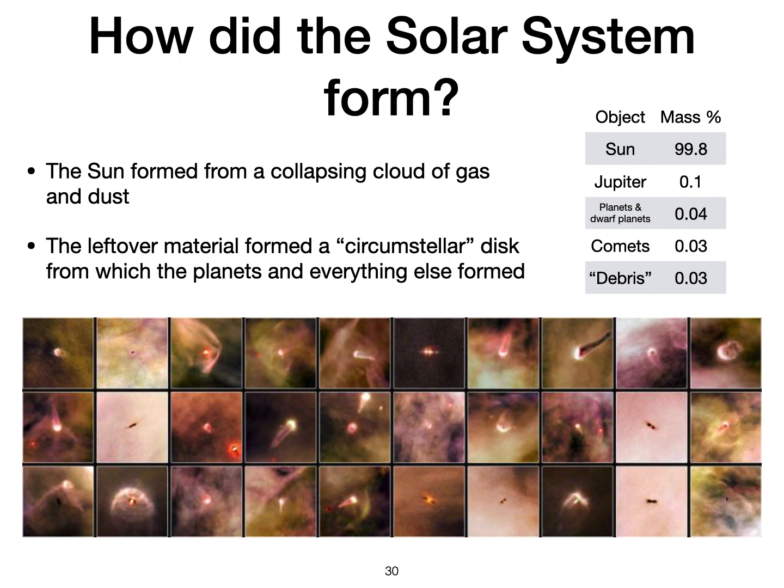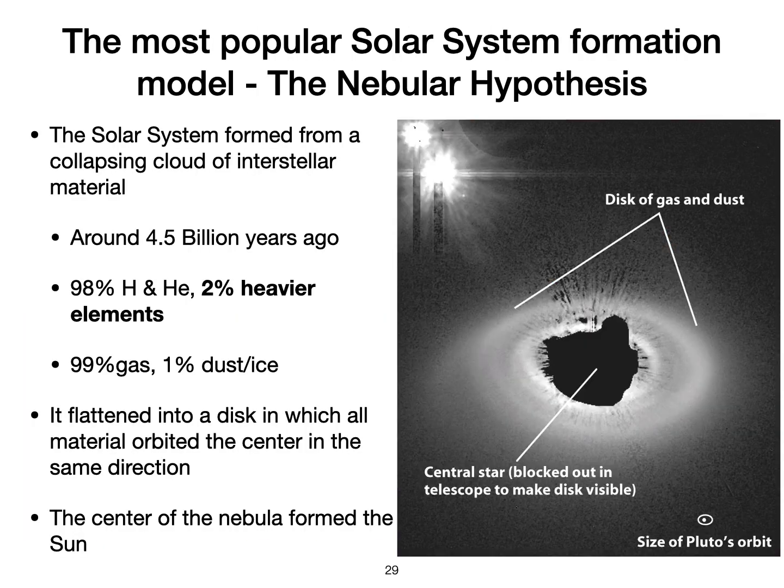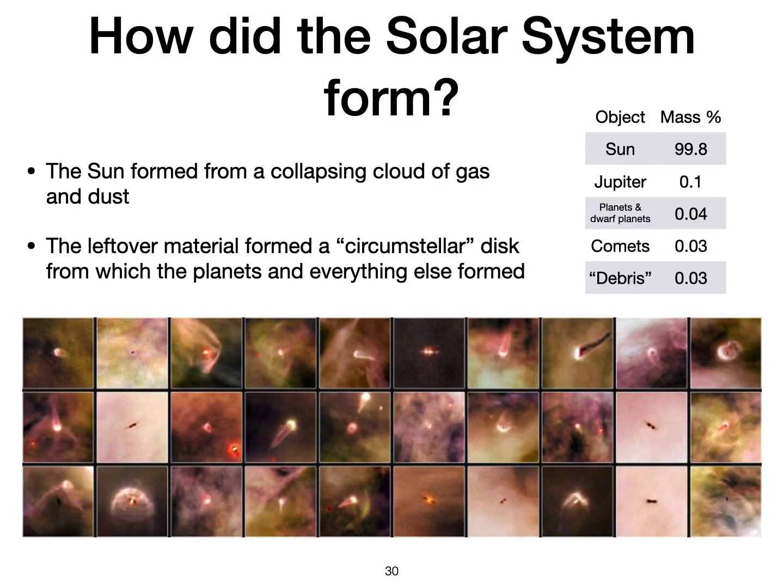These are all seen from different angles. Some are glowing because the gas and dust is lit up by a nearby star, like this one. Others are dark because you're seeing gas and dust absorb light against a bright background. Each of these looks like our solar nebula and are potentially locations where planets are being formed right now as we speak.